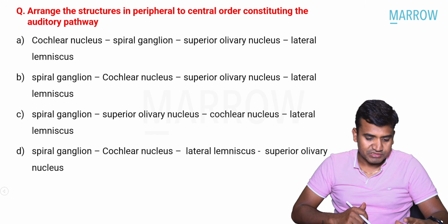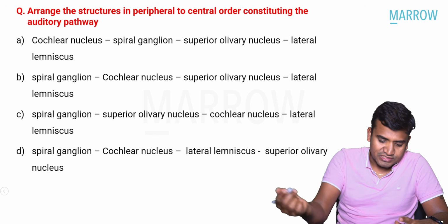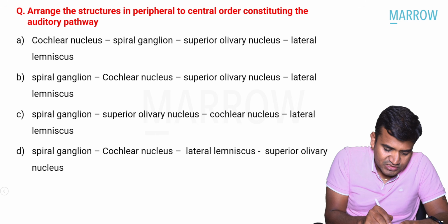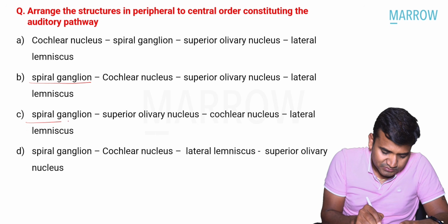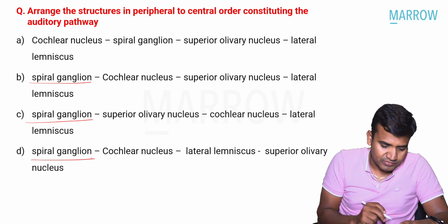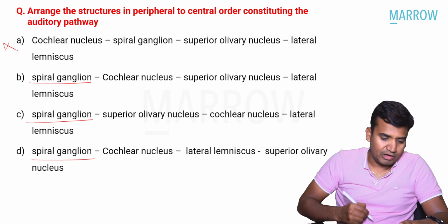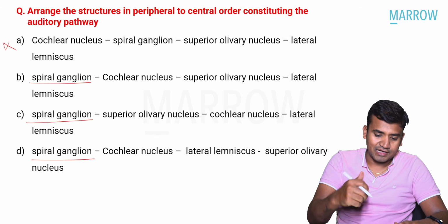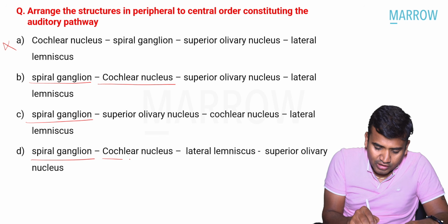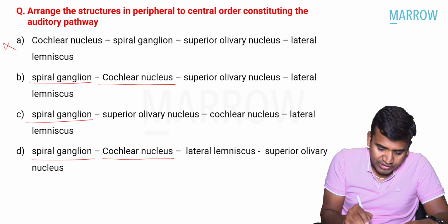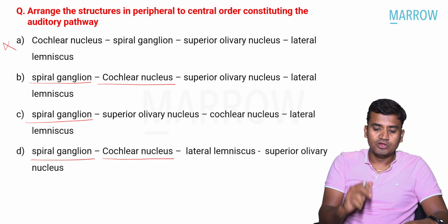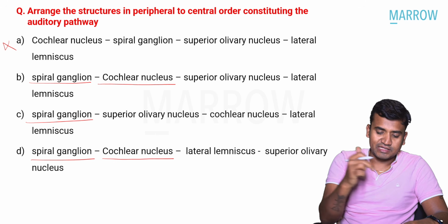Right. Now see the question. So now from peripheral to central, the first structure is our spiral ganglion. So option B, C, D. Now option A is wrong. First spiral ganglion followed by cochlear nucleus. Not superior olivary nucleus. Cochlear nucleus. Followed by E. coli ma. ECO.